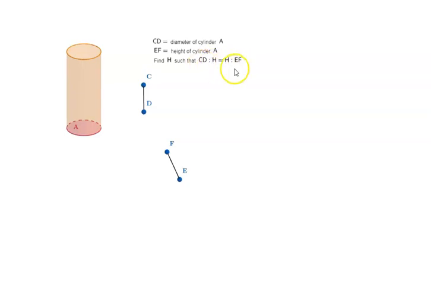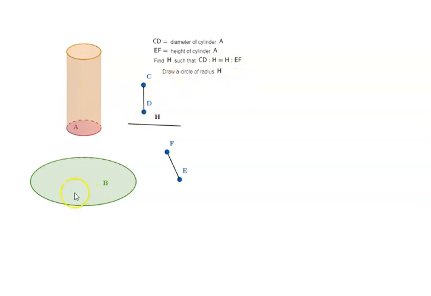H is a mean proportional between CD and EF. Now, what the proposition is saying is that if we draw a circle with the radius H, then the area of this circle would be equal to the lateral surface area of the cylinder.